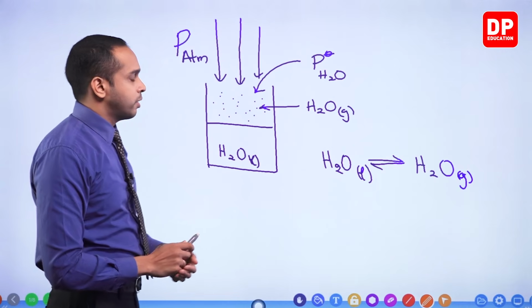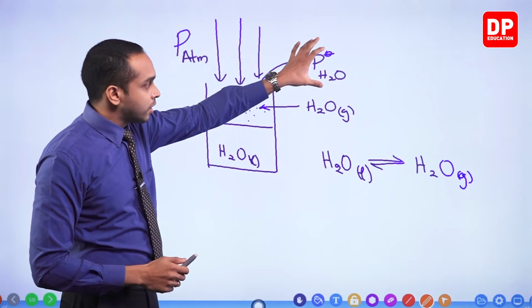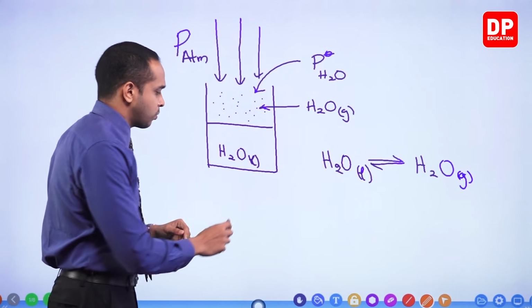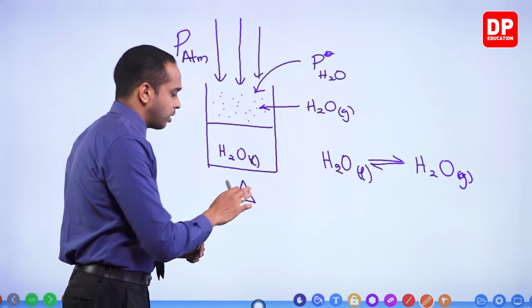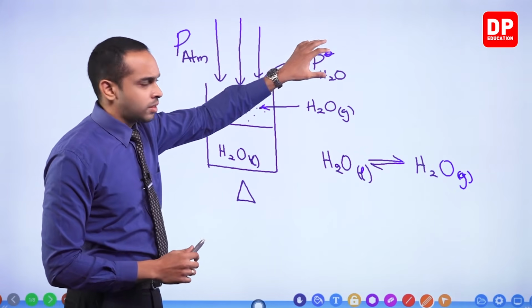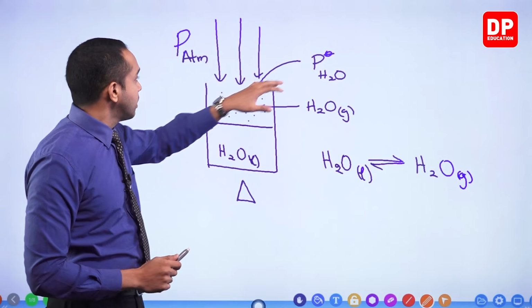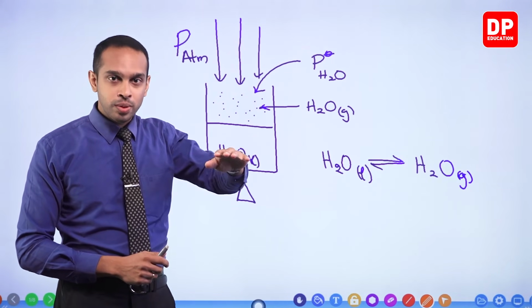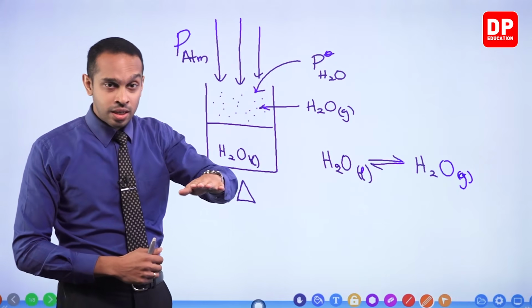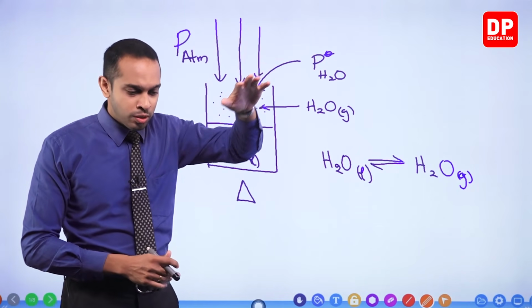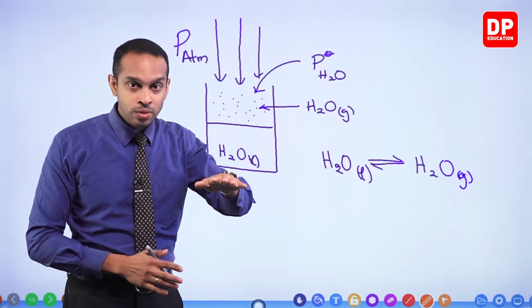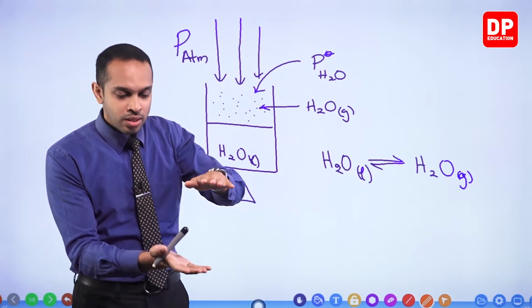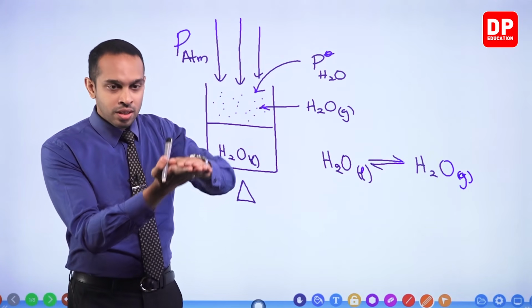So at one point, students, when you keep on heating this water, this saturated vapor pressure is going to be equal to the external atmospheric pressure. So let's imagine this: the atmospheric pressure is pushing everything down, but the saturated vapor pressure is exerting a pressure in the other direction.